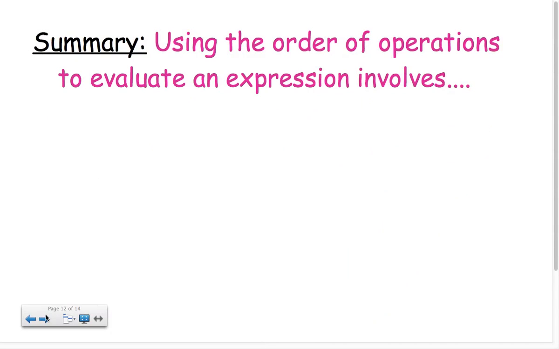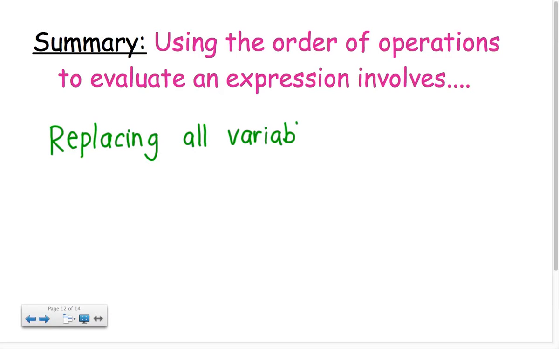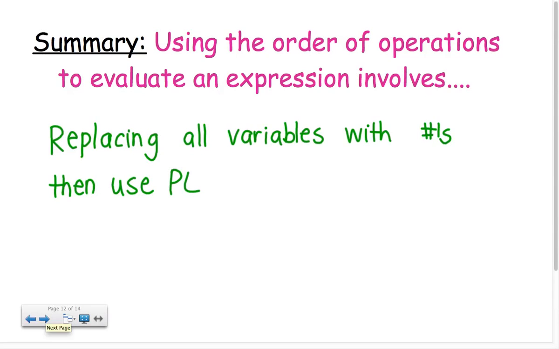Summary. Using the order of operations to evaluate an expression involves replacing all variables with numbers, then use PEMDAS to solve.